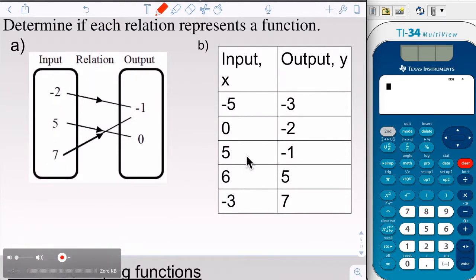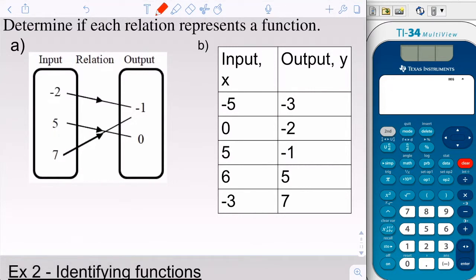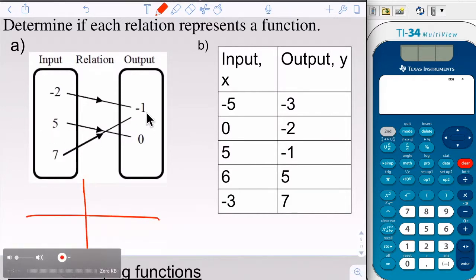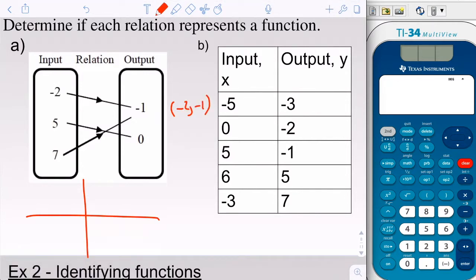Does this represent a function? Well, let's think about this. If I was to graph this, would this pass the vertical line test? I can make a little sketch. This is showing input of -2, output of -1. That is the point -2, -1.